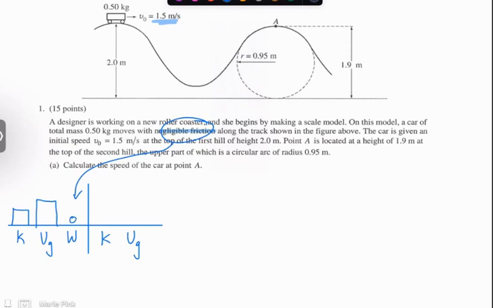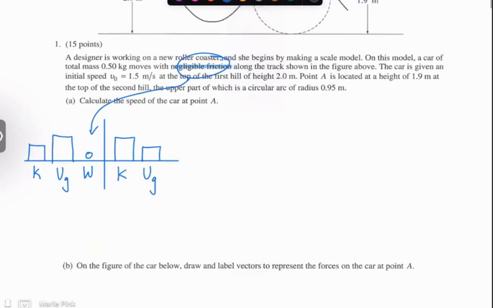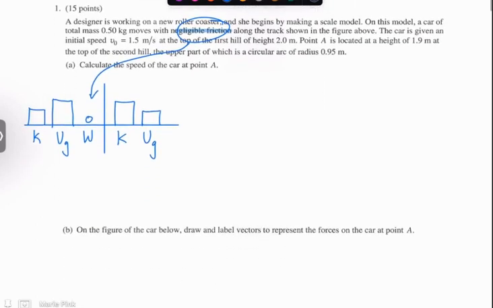And then at the top of A, I want to know how fast it's going. Well, if it's lower, that means it's going to be going faster. So I'm going to say it has this much kinetic energy, which means that it'll have to have less gravitational potential energy. So now I'm going to turn this visual equation into an actual equation.